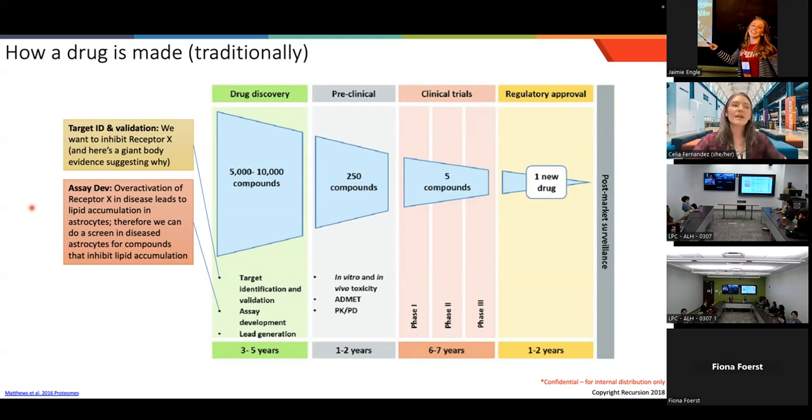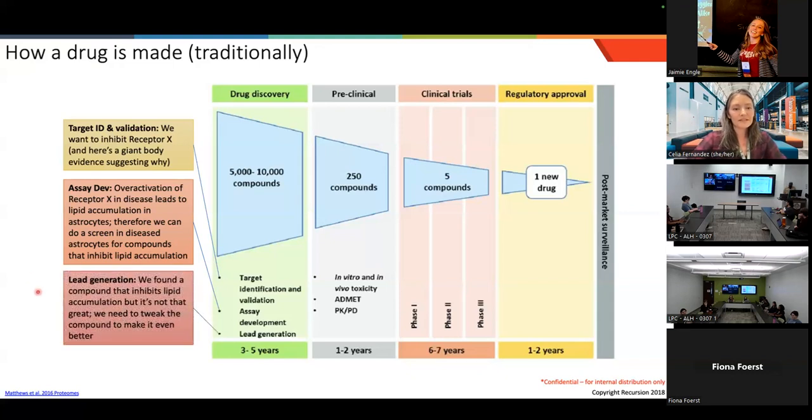Therefore, we can do a screen for astrocytes and check to see if a compound decreases this lipid accumulation. Now, of course, you have to make sure that lipid accumulation is actually linked to disease. You have to make a convincing case that it's actually causing the problem that you see in patients. But that's one way that people like to model disease in cells for this kind of thing.